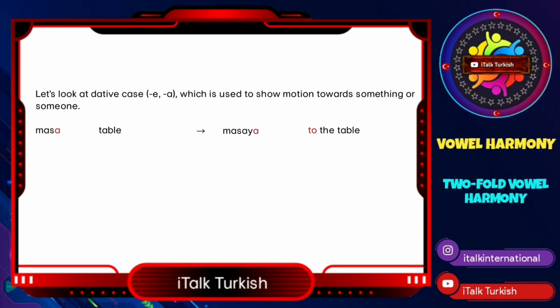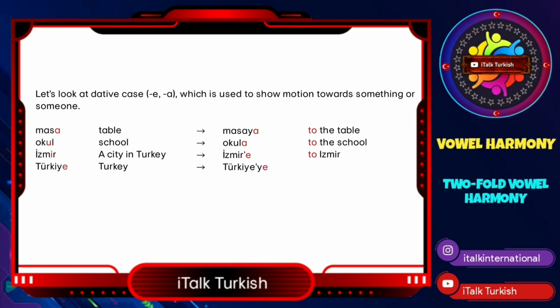Therefore, we will say masaya while making it dative case. Okul, school, okula, to the school. İzmir, İzmir'e. Türkiye, Türkiye'ye. Not Türkiye'ya. That sounds silly.